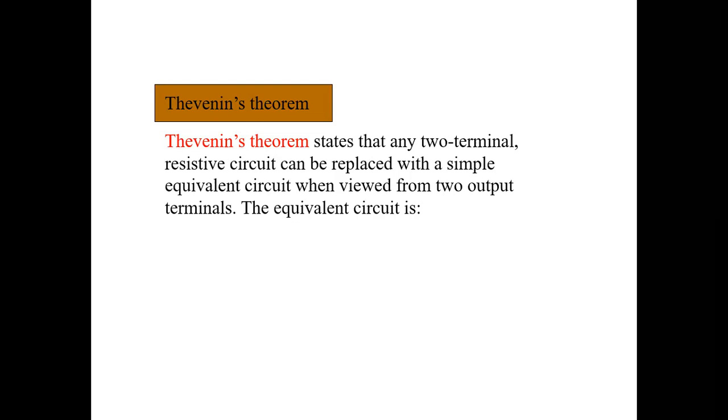Then the next point we are covering in our class is Thevenin's theorem. Thevenin's theorem states that any two terminal network can be replaced by a simple equivalent circuit having only a voltage source and a resistance.